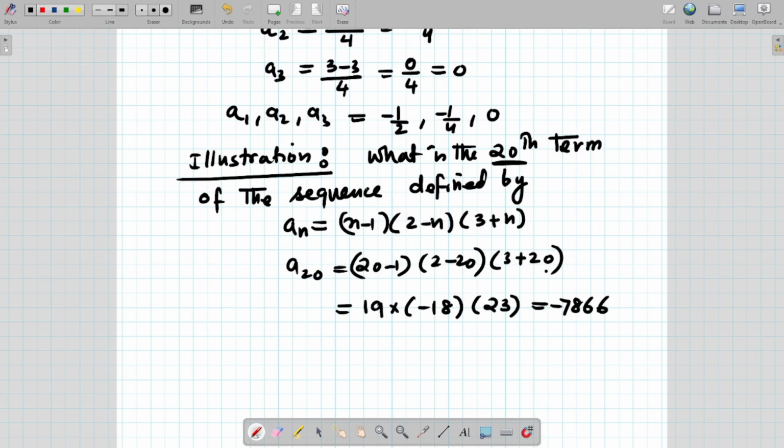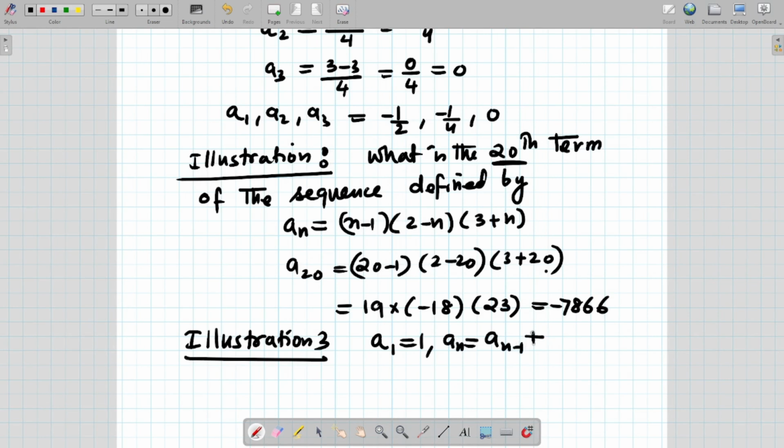Okay. The illustration 3. It is given to you a1 is equal to 1. an is an minus 1 plus 2, for n greater or equal to 2.